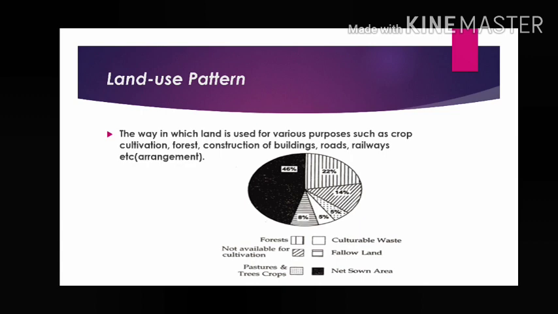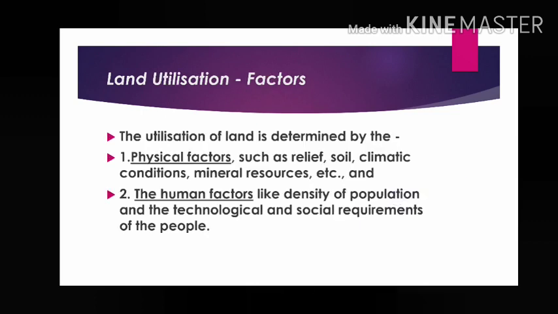Cultivable wasteland means it is that type of land which is not in use, but it may come in use if we can recover it by different types of processes, that is recovery process. And fallow land means it is left, it is already gone. That means there is no chance of crop cultivation. That is called fallow land. Clear? Now come to the next.